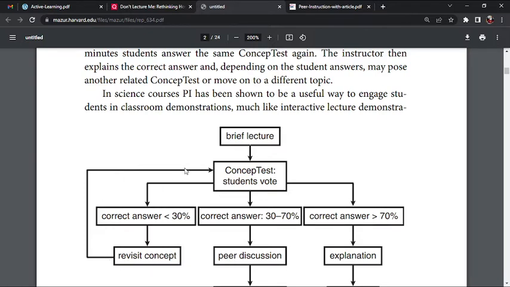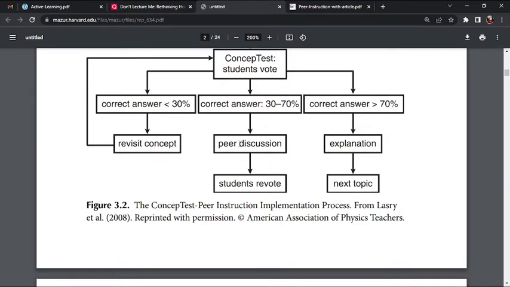Again, if between 30 to 70% get the correct answer, he will lead them to peer instruction, whereby they talk to other students, they discuss it among themselves, they teach other students. Then again, the students will revote.